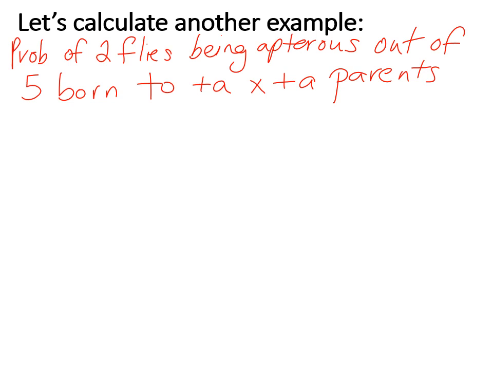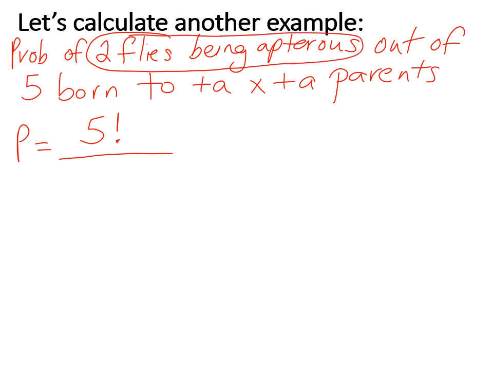So we're going to do P is equal to, what's the total number of flies we're looking at being born? 5. Don't forget to put the factorial. You put that over option number 1, which is 2 flies being apterous, right? So option number 1 is 2 flies factorial being apterous. So what then is our option number 2?